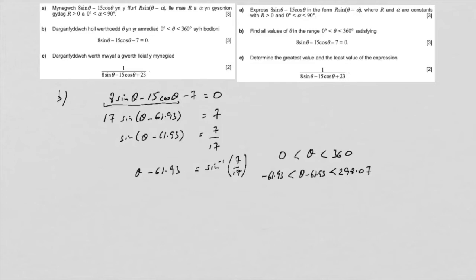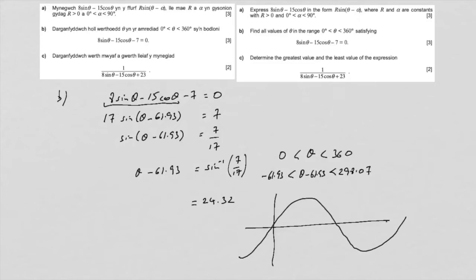So with our calculator we find that sine to the minus 1 of 7 over 17 is 24.32, but then we need to think about the sine curve, and coming from the negative, so we've got our minus 61.93 is about here, and then 298 is about here, and we need this to be 7 over 17, which is about here.